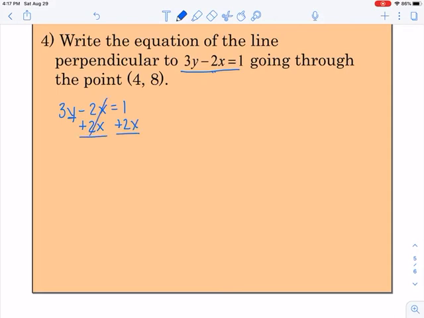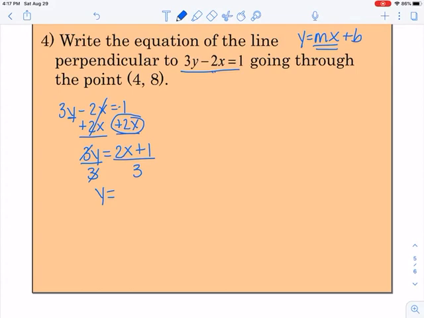Those will cancel, leaving me with 3y on the left, and on the right, again, I want this in y equals mx plus b form. So I want that mx term to come first. So I want this positive 2x to come first, and now this is a positive 1, so we're going to write plus 1. Okay, and then to get y by itself, the opposite of multiplying by 3 is to divide by 3. Those 3's will cancel, so I'll be left with y on the left.